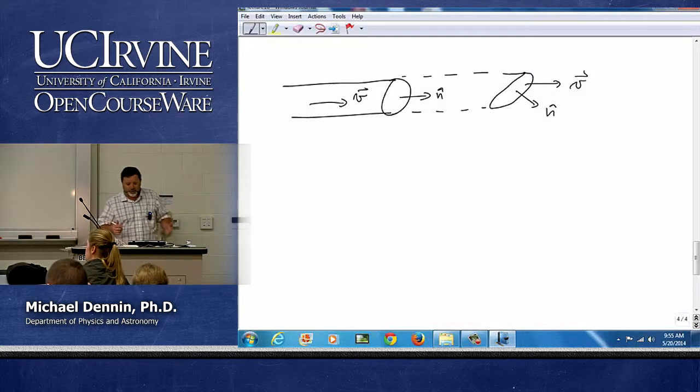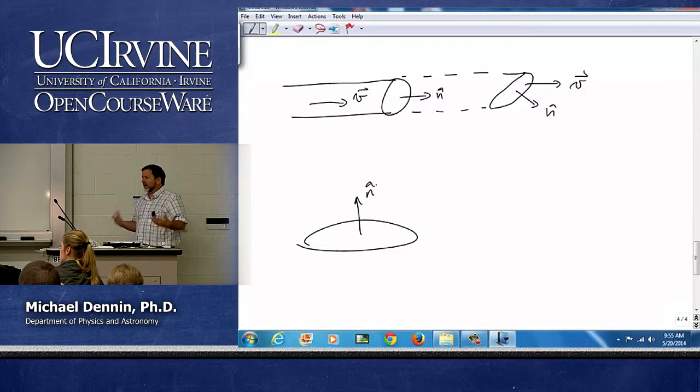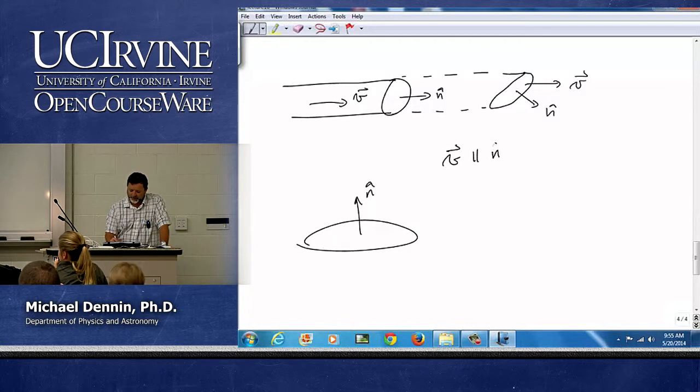The language gets a little tricky because, of course, if I have a surface, I define the normal to the surface. That's the thing I care about. And so what I want to maximize flux is v parallel to n, or v perpendicular to the surface.